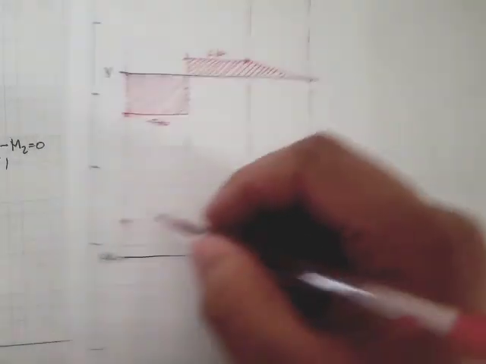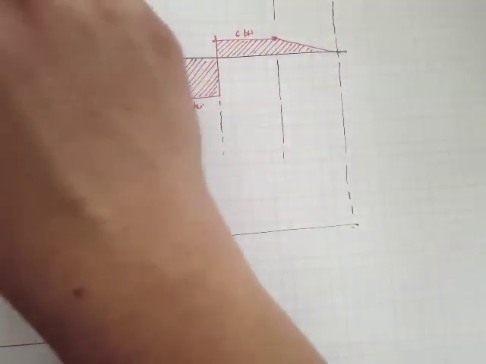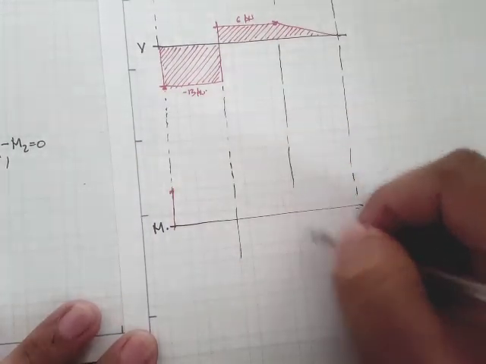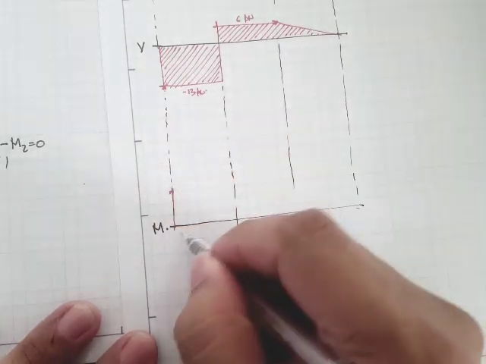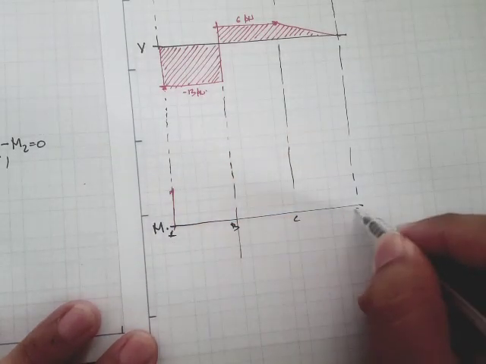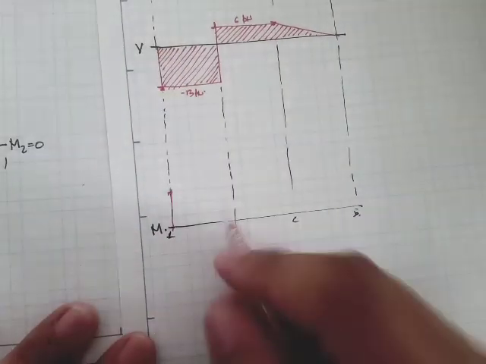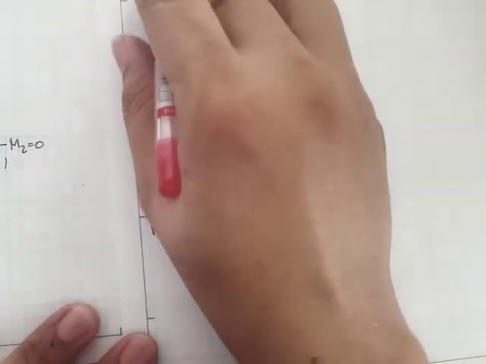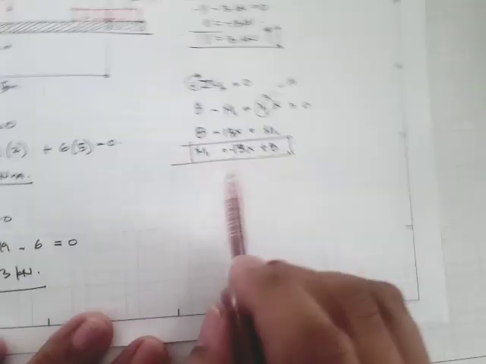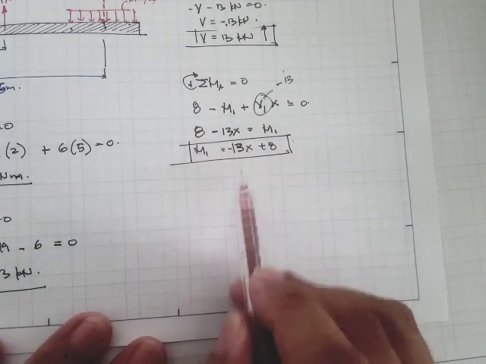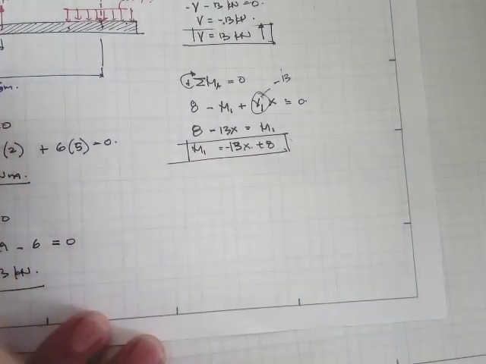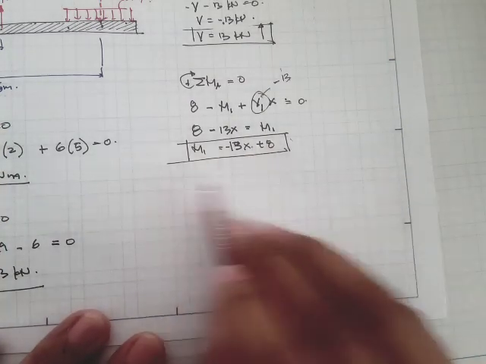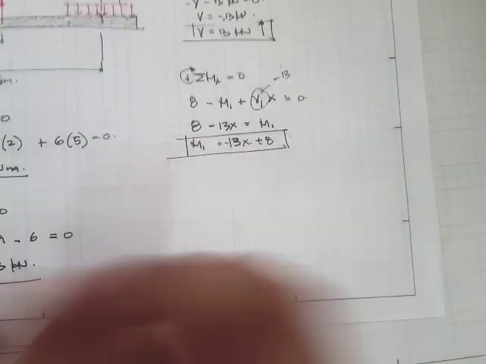So from positive 8, from point A to point B, this will be linear. If you substitute the values, let's say x is equal to 2 meters, you can also write that in terms of equations. At x equal to 2, you can get a value of M.